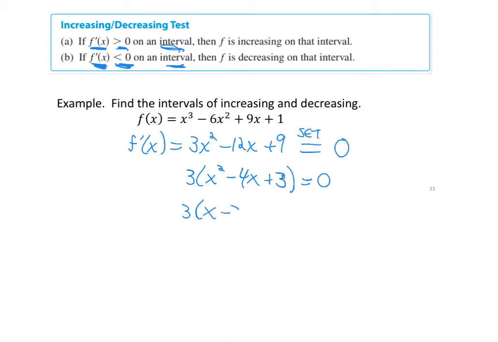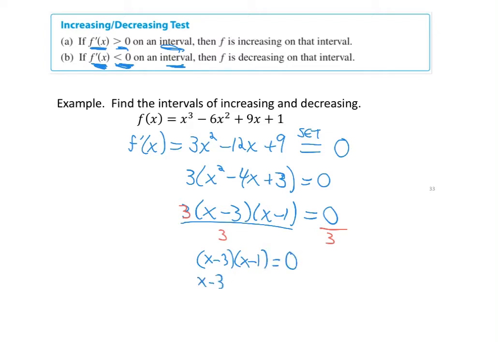If I factor some more and divide both sides by this 3, since 3 is just a constant and I can divide by it on both sides, I get x minus 3 times x minus 1 equals 0. So x minus 3 equals 0, or x minus 1 equals 0, x equals 3, or x equals 1.